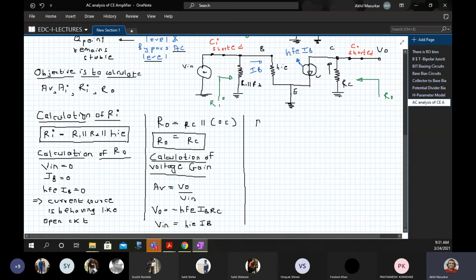So V0 upon Vin is minus HFE IB RC upon HIE into IB. This IB cancels out, and what you get here is AV equals minus HFE upon HIE into RC.